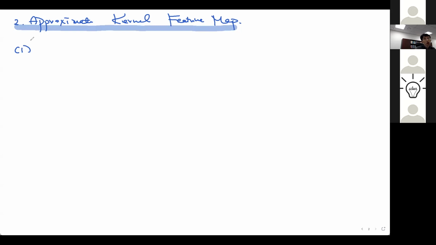Also, the kernel version of support vector machines also works pretty well. But there's one big catch behind these types of kernelized algorithms. So what is the big issue of kernelized algorithms?